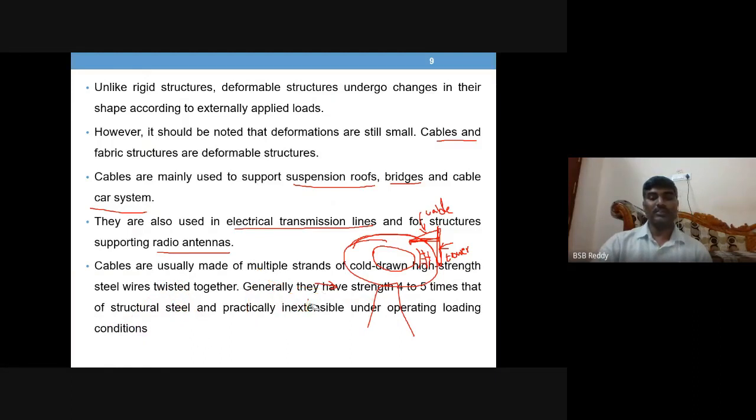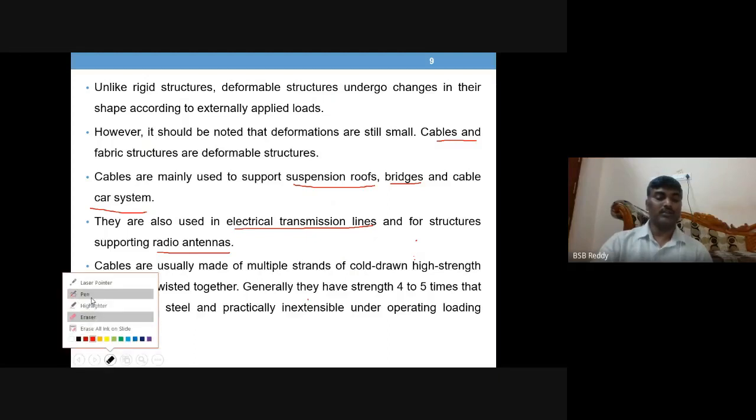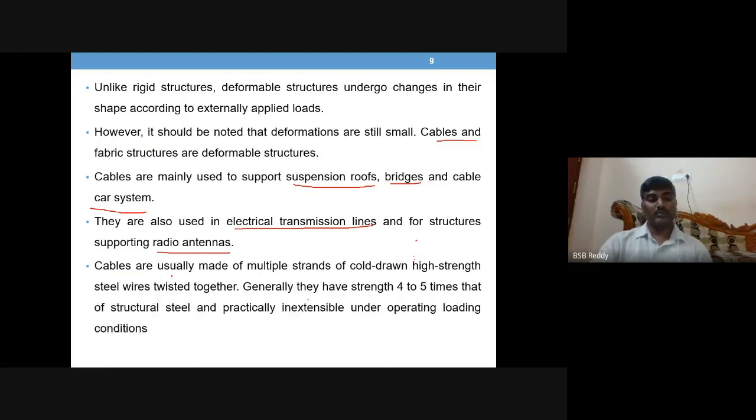Let me clear this for you to have a clear picture of what is written there. So what are cables made of? They have multiple strands of cold drawn high strength steel wires.